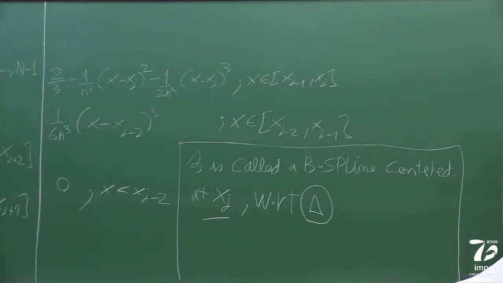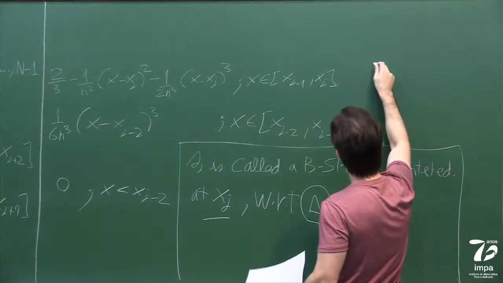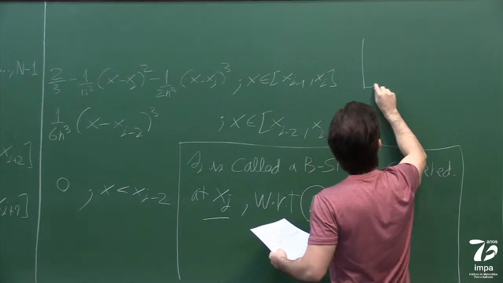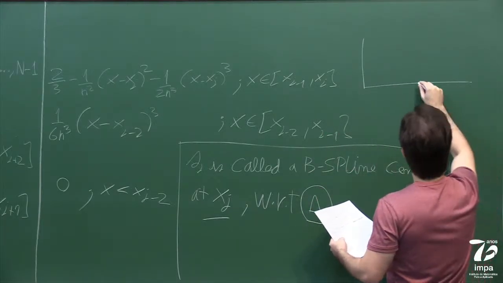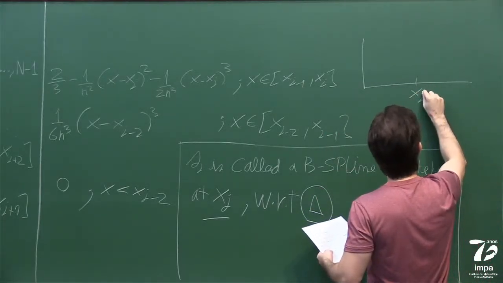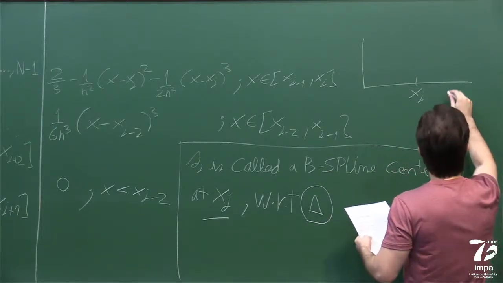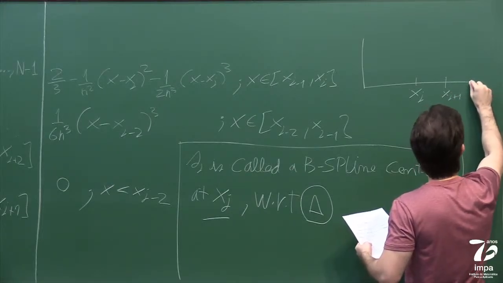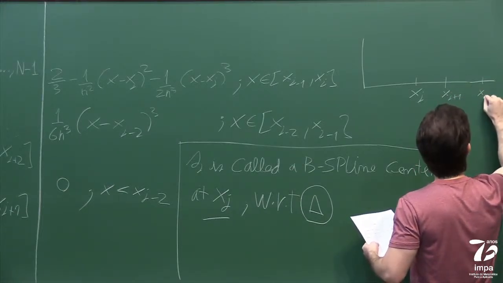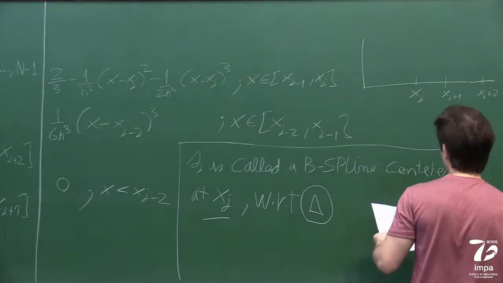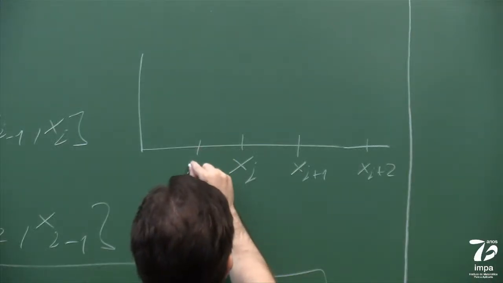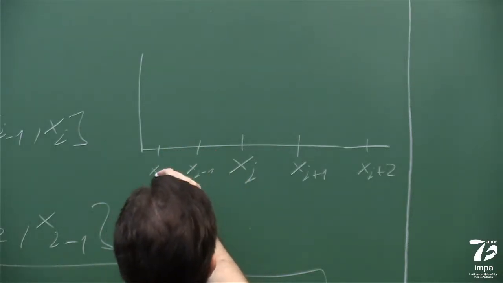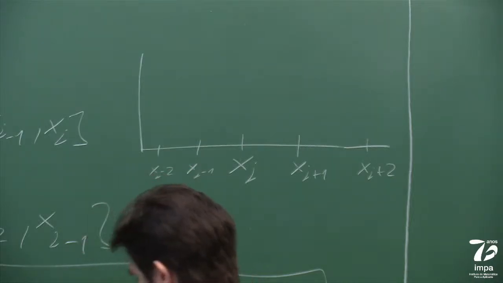So let's just draw a picture maybe of the sj's. We have the middle xj. We have 2 to the right, xj plus 1, xj plus 2. And here xj minus 1, xj minus 2.